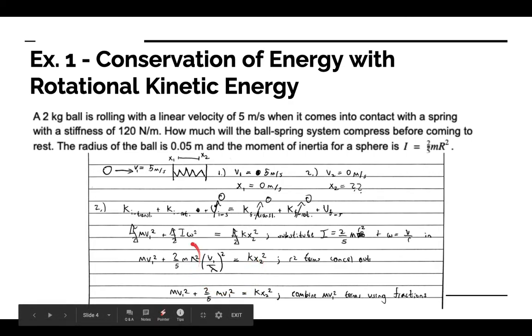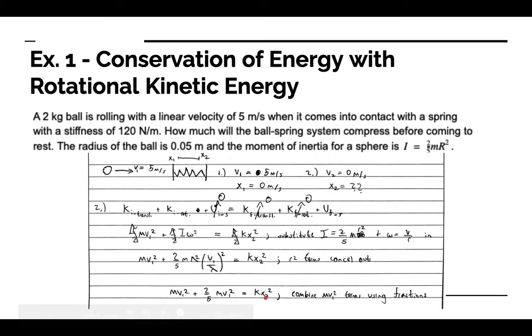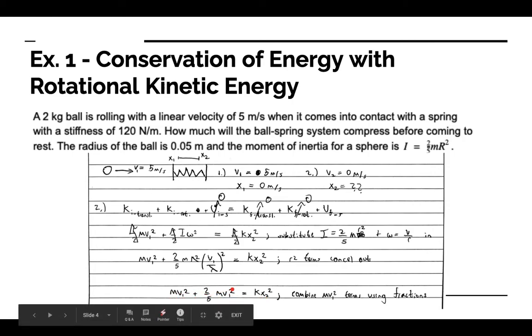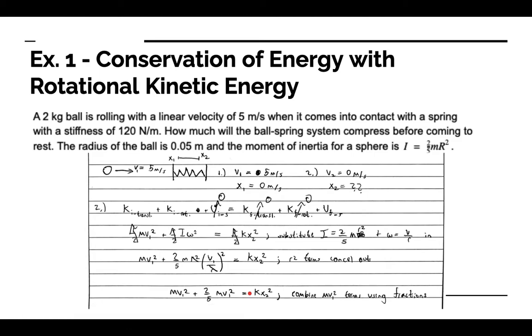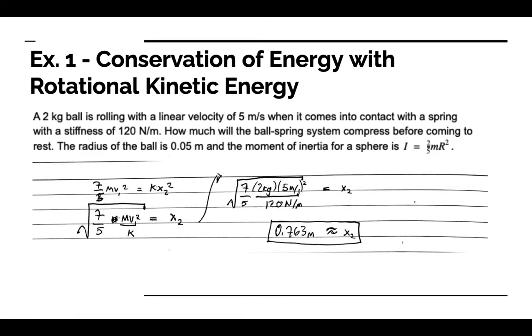Right here we have an r squared, and then inside the parentheses we have v1 divided by r and then squared, so we can cancel out the r squared terms, which leaves us with mv1 squared plus 2/5 mv1 squared equals k times x2 squared. Adding fractions together, we can combine mv1 squared and 2/5 mv1 squared, and that gives us 7/5 mv1 squared equals k x2 squared.